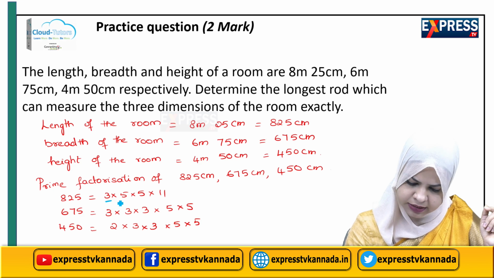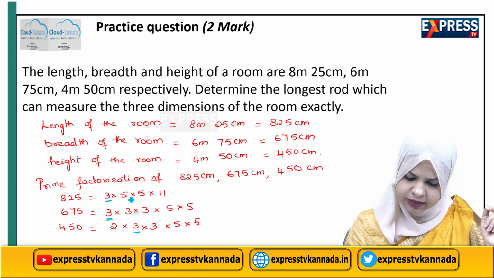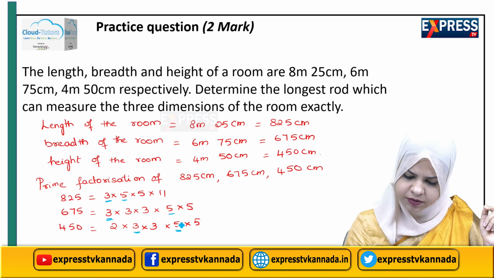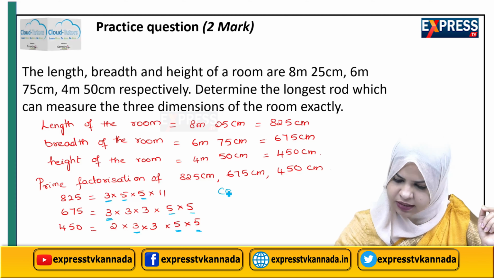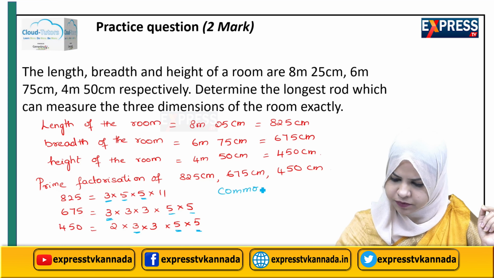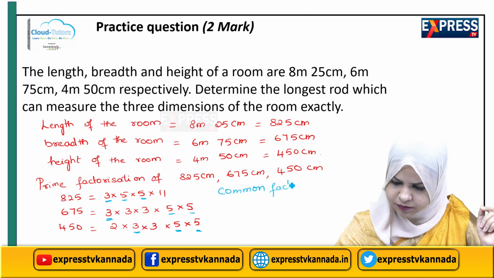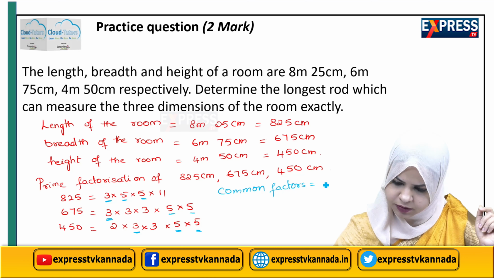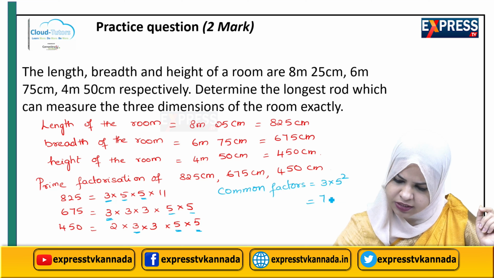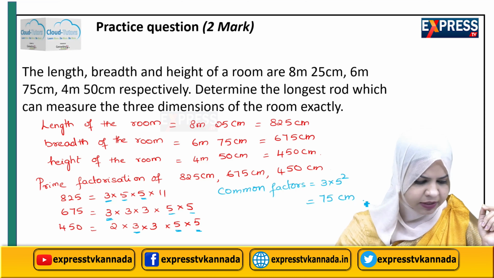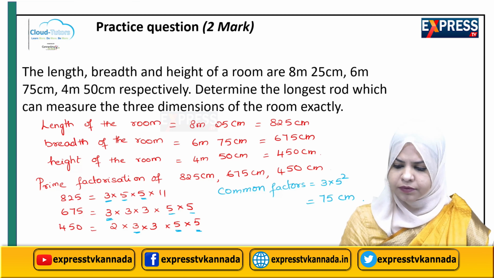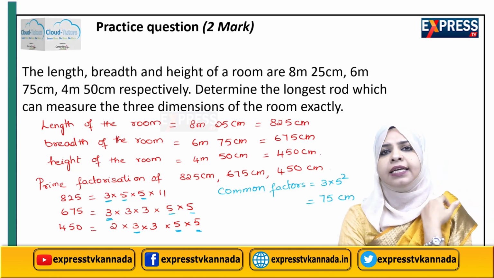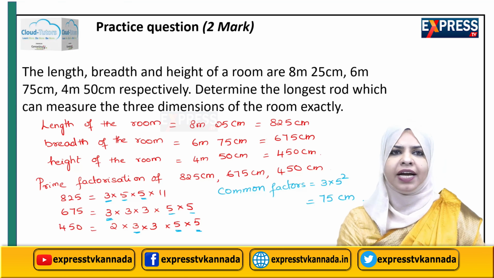They are 3, then 5 and 5. So common factors are 3 into 5 square, that is equal to 75 centimeters. Therefore, the longest rod that is needed is of the measure 75 centimeters.